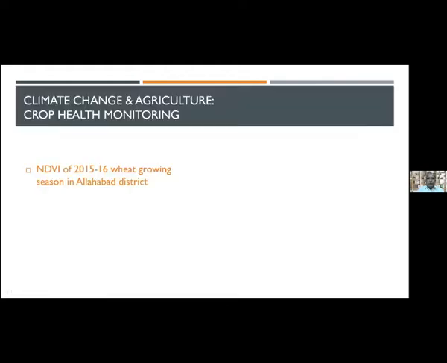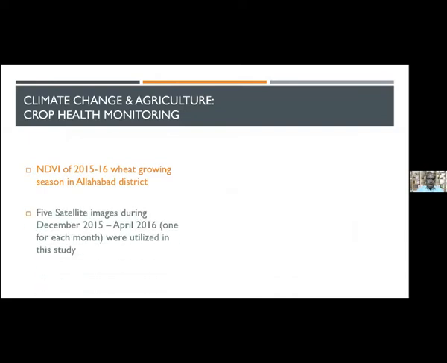So in this example, I'm going to show you NDVI maps that I have developed for the 2015-16 wheat growing season in Allahabad district. Why 2015-16? Because normally wheat is grown in the winter season, and it goes from November, December to January, February, March, April, and sometime in late April, the harvest happens.